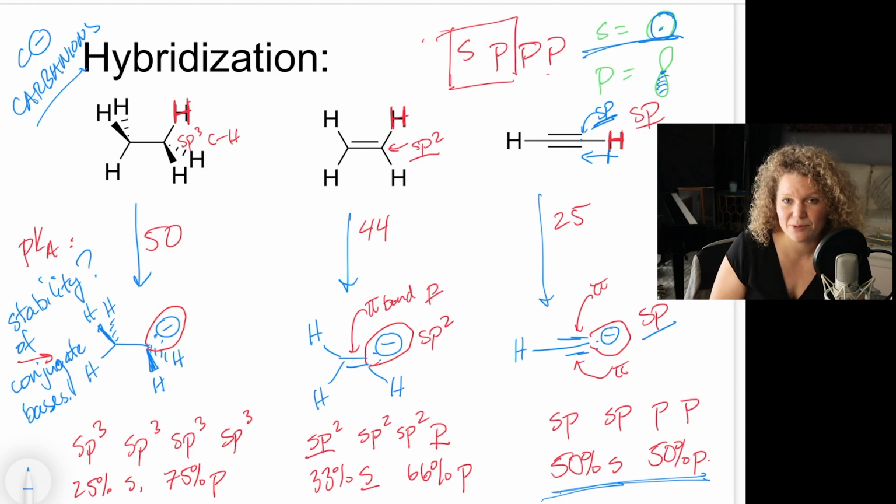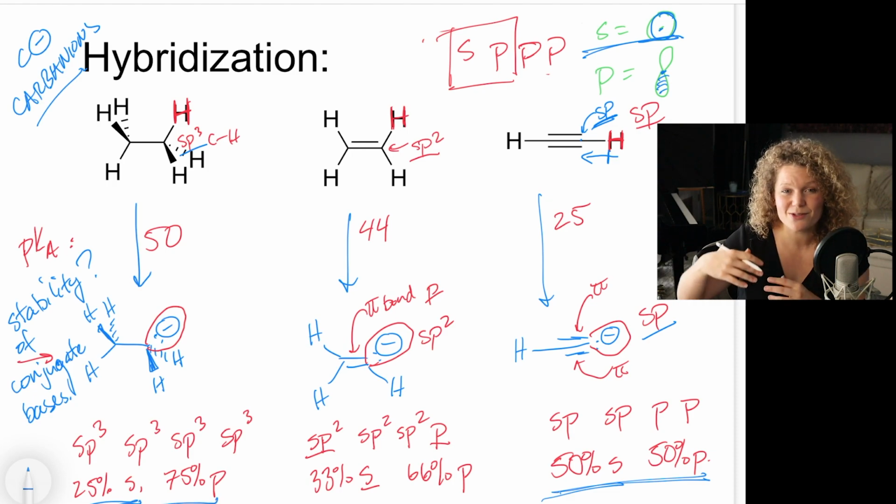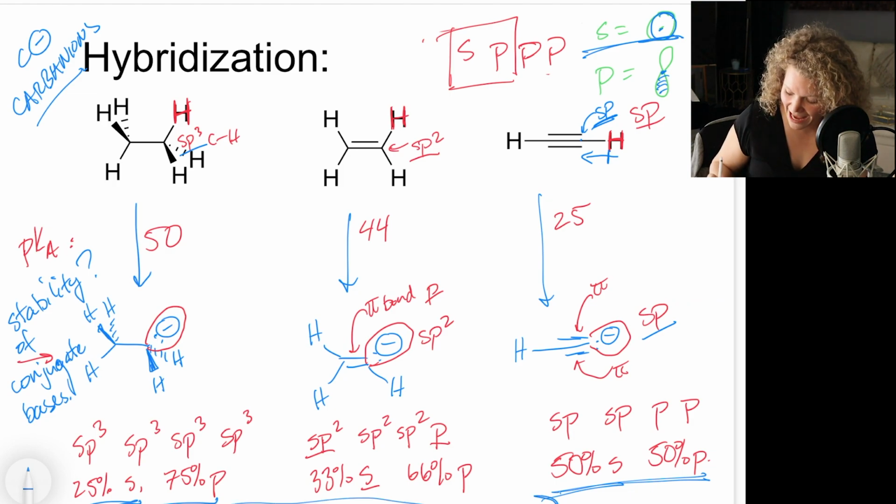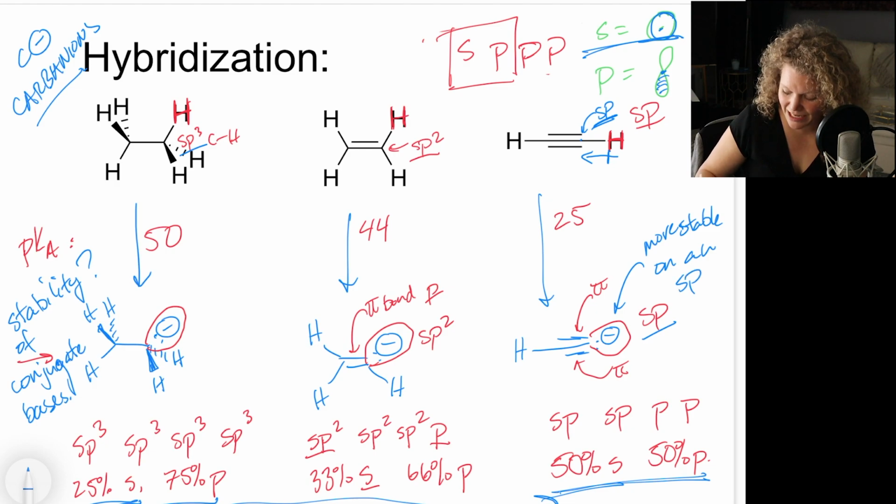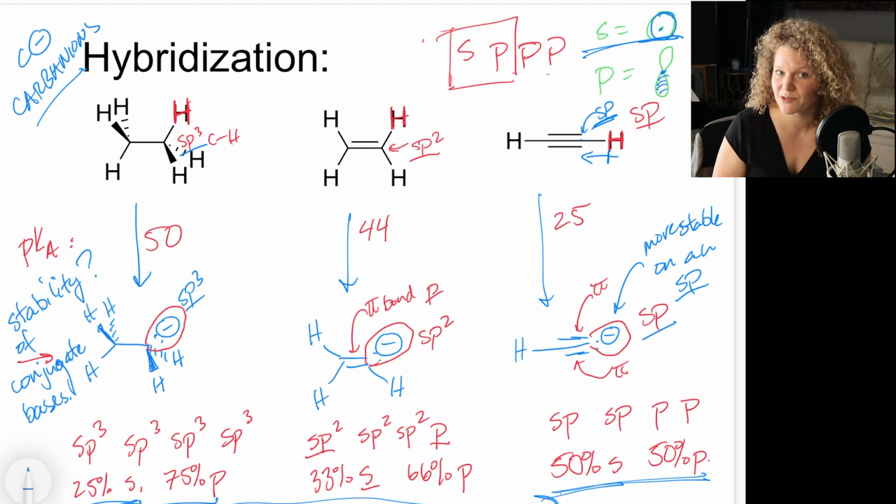sp hybridized carbons are more electronegative than an sp3 carbon. sp3 carbons have less s character. The electrons reside further away from the atom. As you get to more s character, this atom becomes more electronegative. That means that this negative charge is more stable on an sp hybridized carbon than it is in an sp3 hybridized orbital.